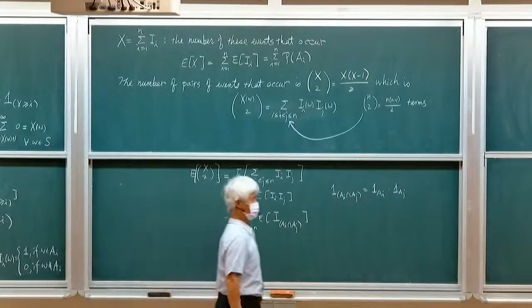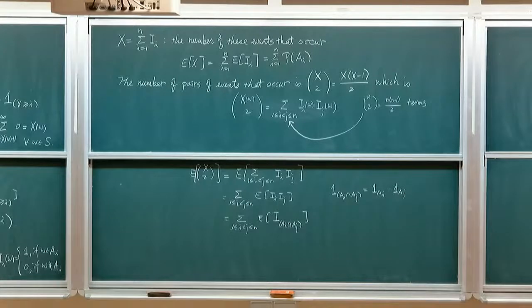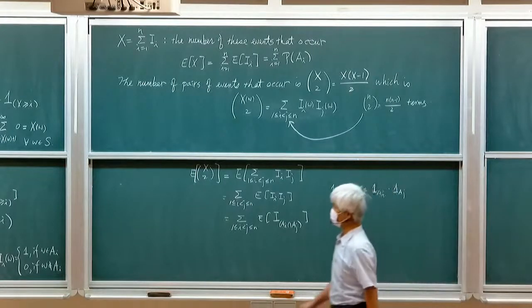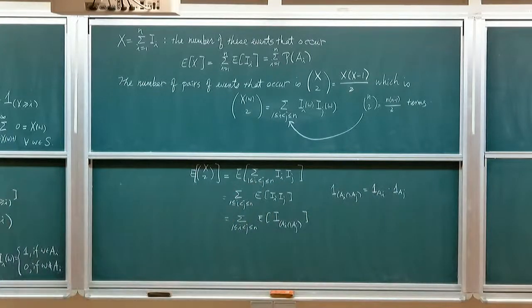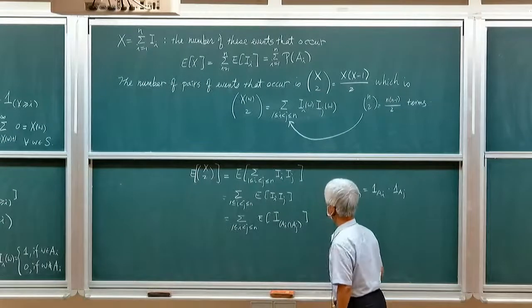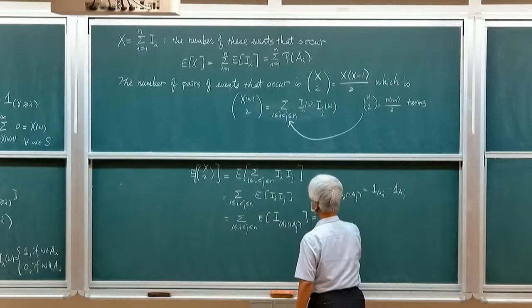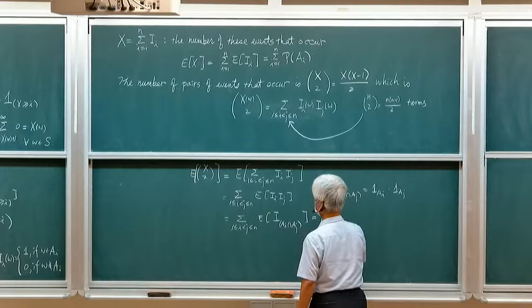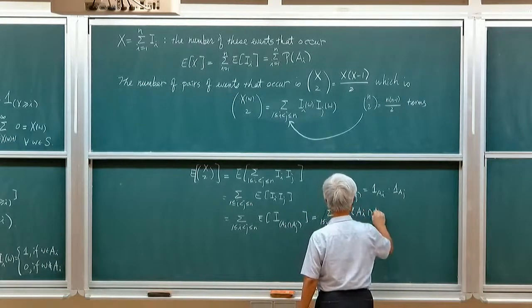I sub i is actually the indicator, with our previous notation, I_i is the indicator of A_i. Okay, the same. And so this is the summation of the probability of A_i intersect A_j.